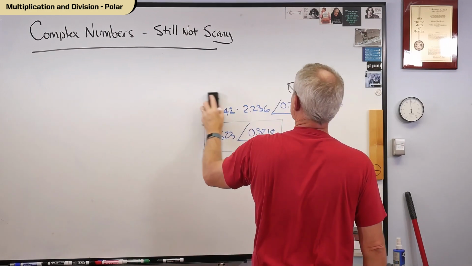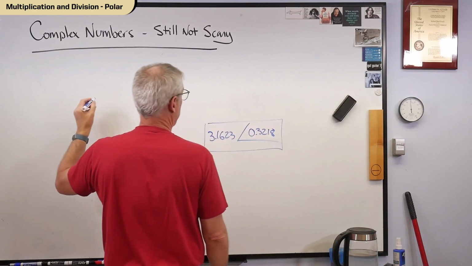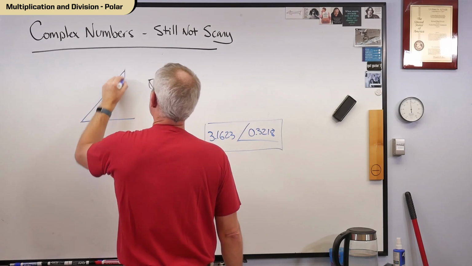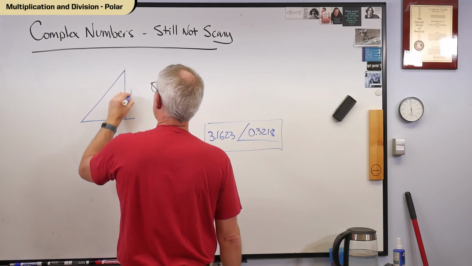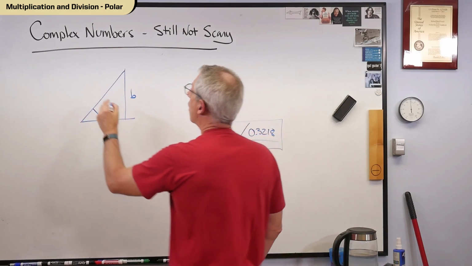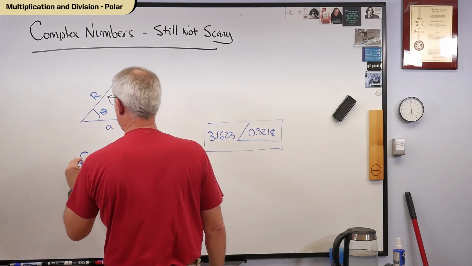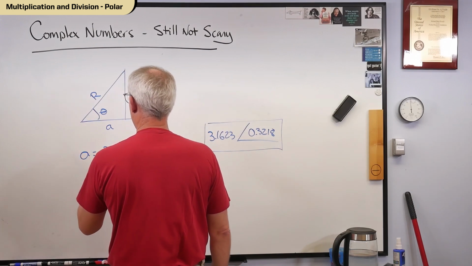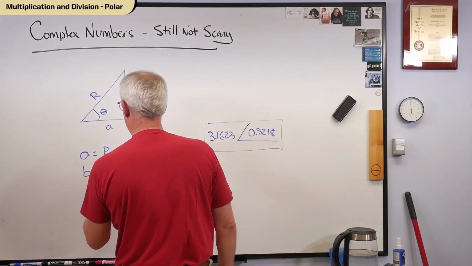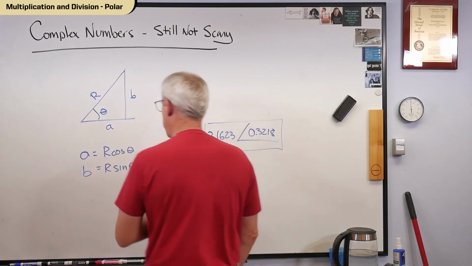Get rid of all this. Now let's see. If I know that that's a, and that's b, and that's theta, and that's R, then a must be R cosine theta, and b must be R sine theta.